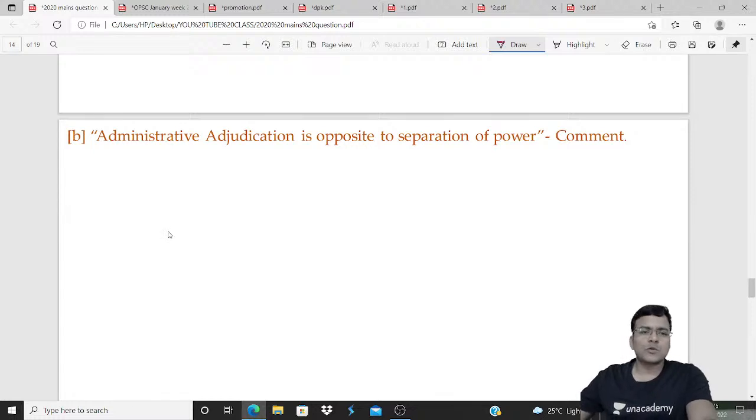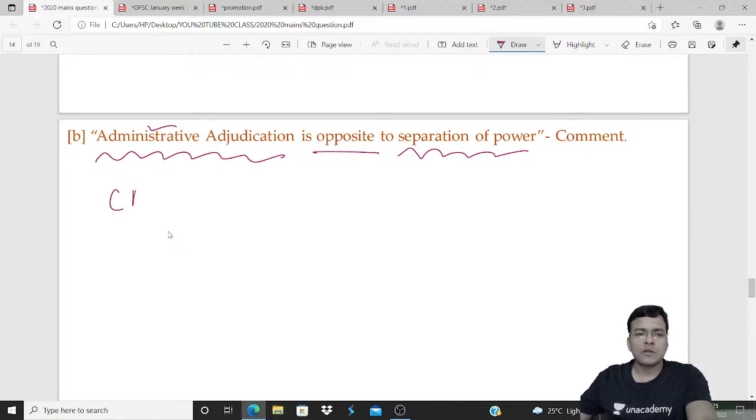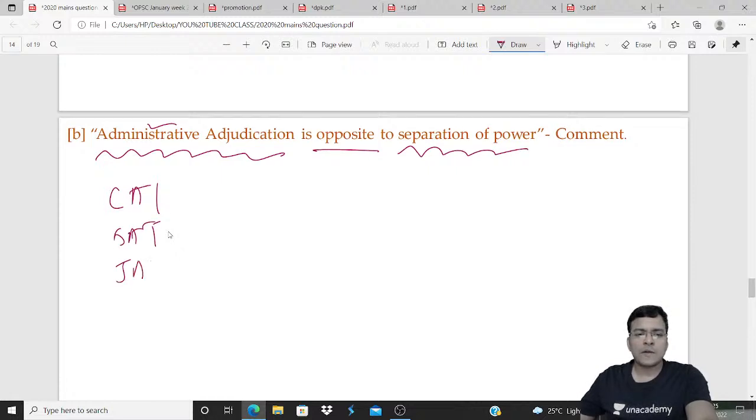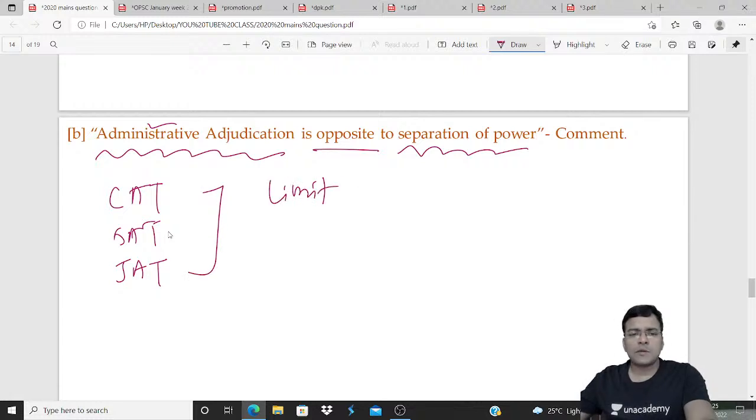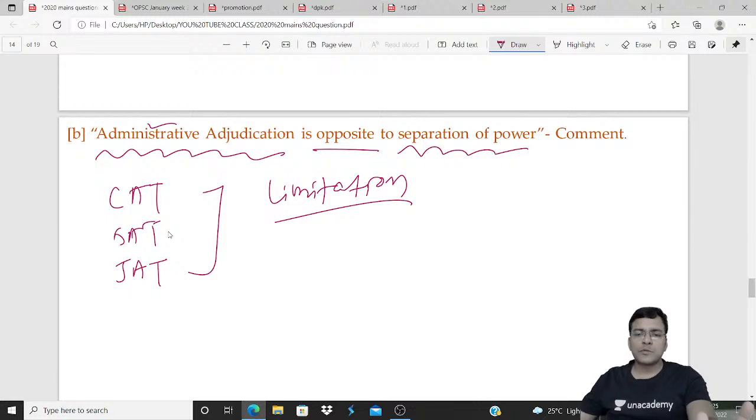Yes, this question also I have told: administrative adjudication is opposite to separation of power. That means it violates it, and when we discuss administrative adjudication, the notion of CAT, SAT and JET and their limitations, we have discussed in detail that it violates the concept of separation of power. How is it?